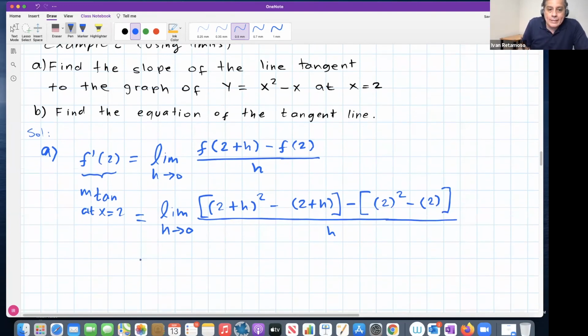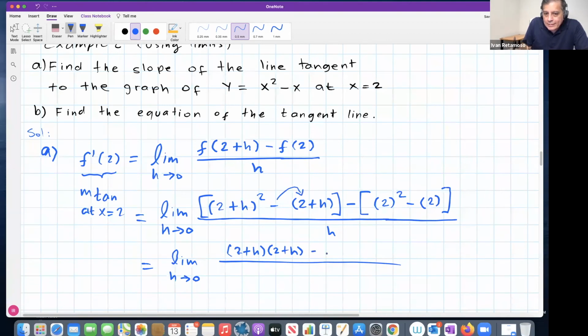Now work this out carefully, algebraically. This will be the limit as h approaches 0 of what? This square is 2 plus h multiplied by 2 plus h. Minus, distributed over, this is going to give me minus 2 minus h. This is 4, and 4 minus 2 is 2, so this ends up being just minus 2.